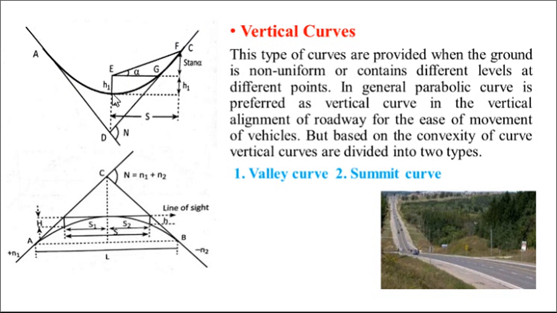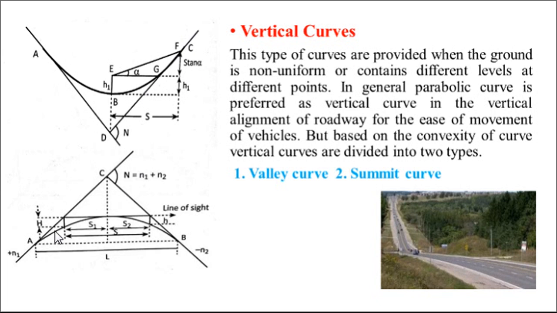When we want to connect roads where a valley is there, in such situations we have to provide a curve like this called a valley curve. So this is the falling gradient, this is the bottommost point of the curve, and there is a rising gradient.